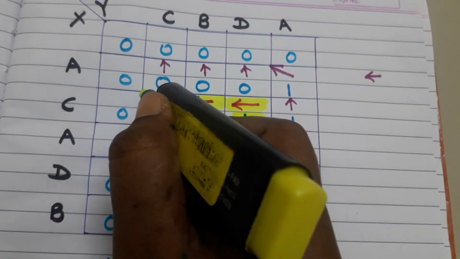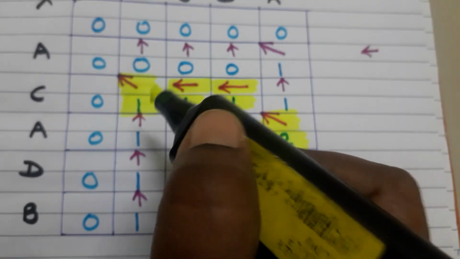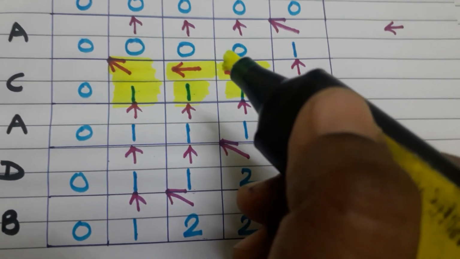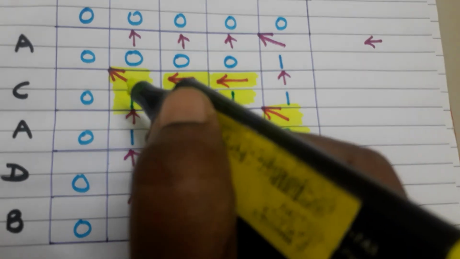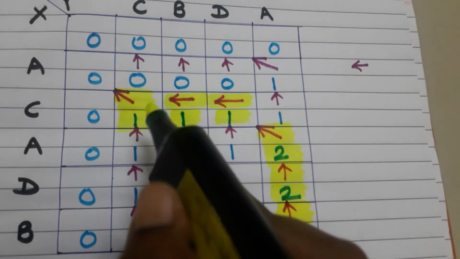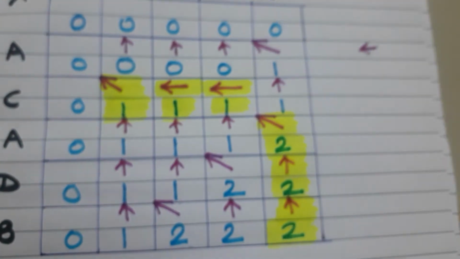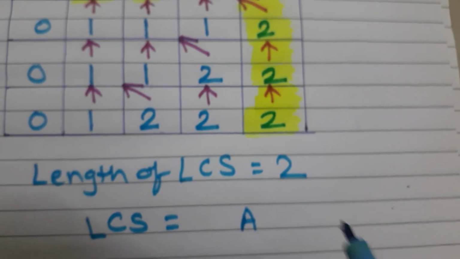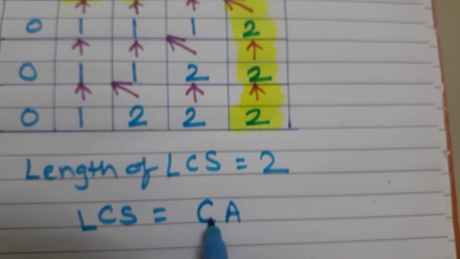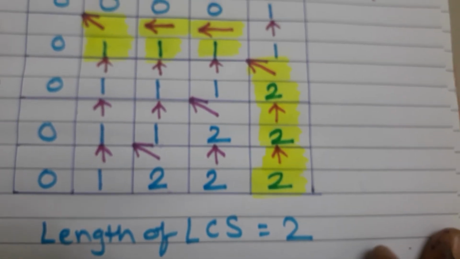Now it points to the diagonal arrow, and as I told, we have to select the cells with diagonal arrows. So here we will select this cell. This cell consists of C on both sides, so our longest common subsequence consists of C. So the longest common subsequence is CA.